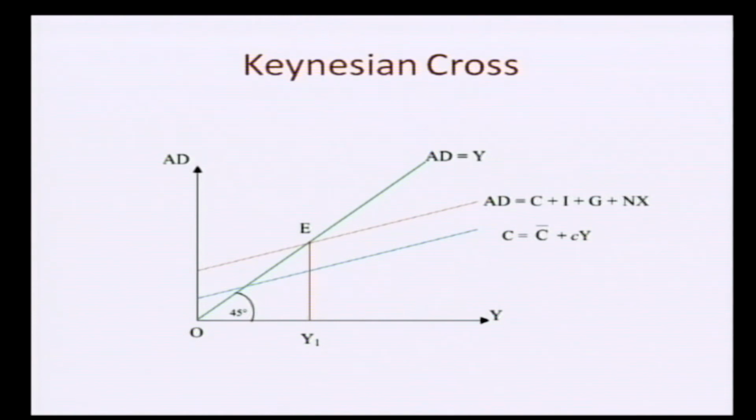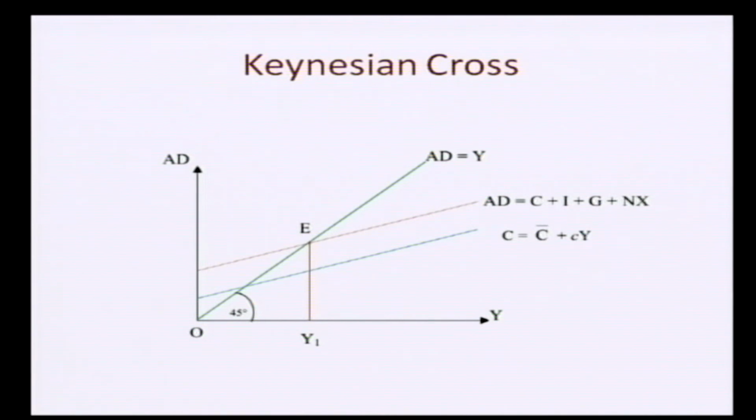So here the equilibrium level of output is given by the corresponding line, that is Y1. If the income level of the economy is Y1, in that case the economy is at equilibrium. Suppose the aggregate output in the economy is less than Y1, in that case what will happen? Your aggregate demand AD curve is above the equilibrium line, the green line.